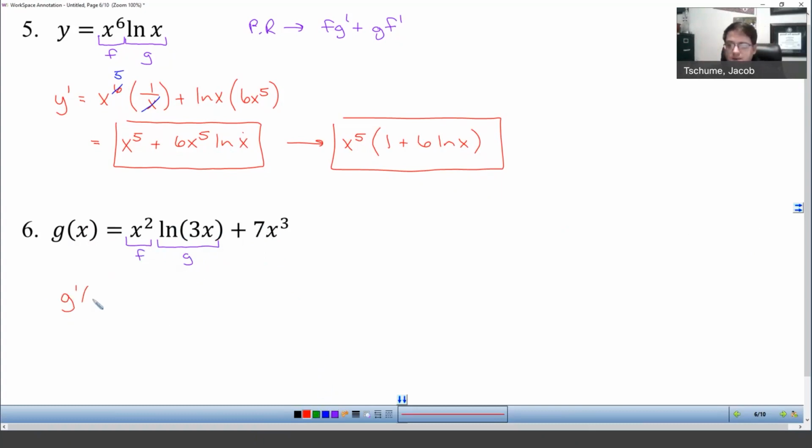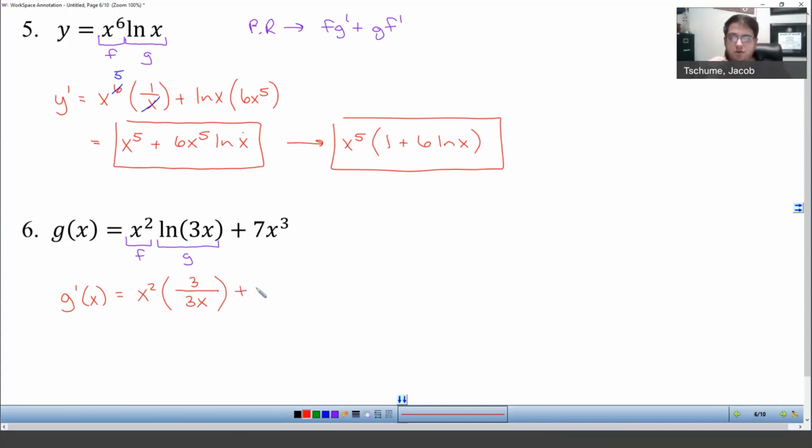So g prime of x is going to equal your f function, which is x squared, times the derivative of the natural log of 3x. So remember, you start with a fraction. Whatever's inside the natural log goes on the bottom, and the derivative of that goes on top. So the derivative of 3x is 3.